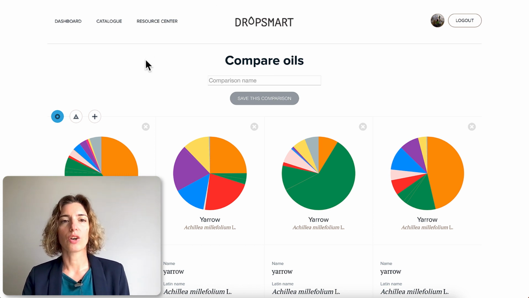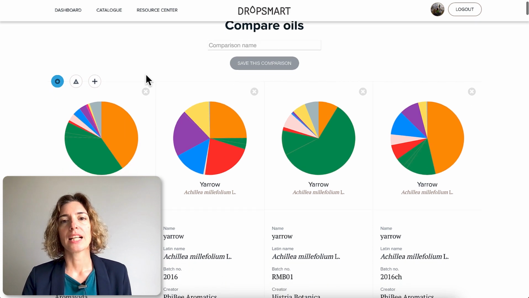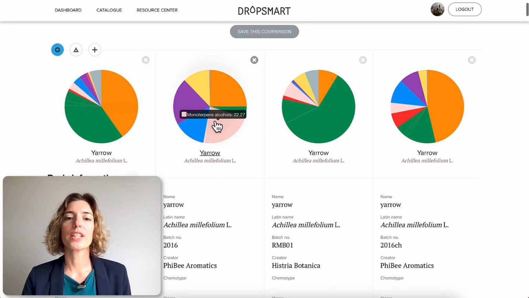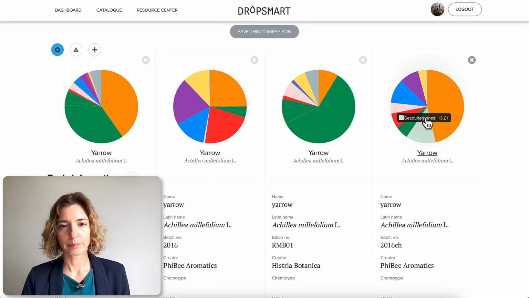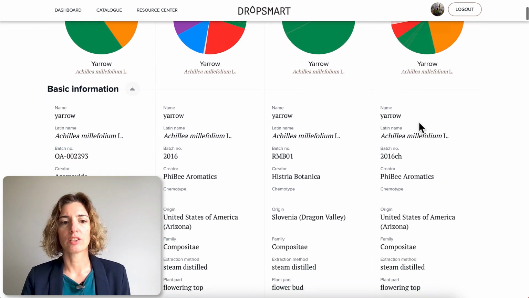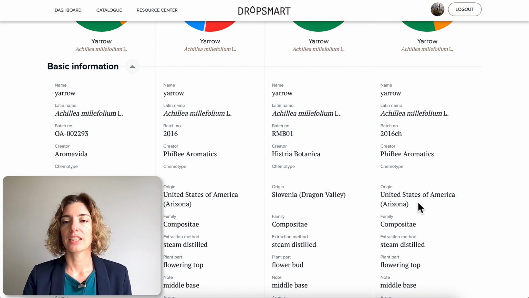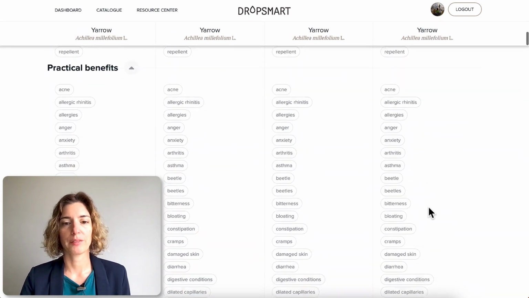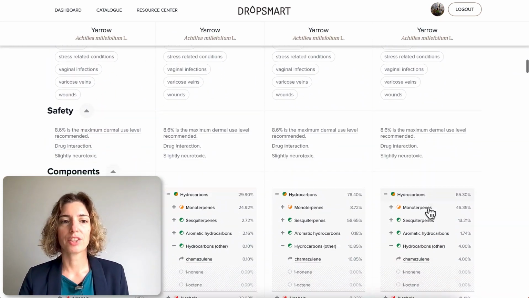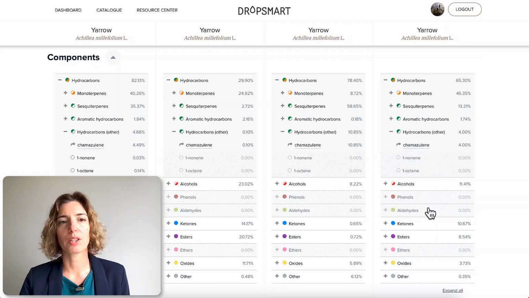Here I compared 4 different yarrows, using the tool in DropSmart that lets you compare oils. They are from different parts of the world, although these two I wanted to show you are actually very close geographically, but very different in chemistry. I'm going to scroll past all the beneficial properties, because that's not what we're talking about today.